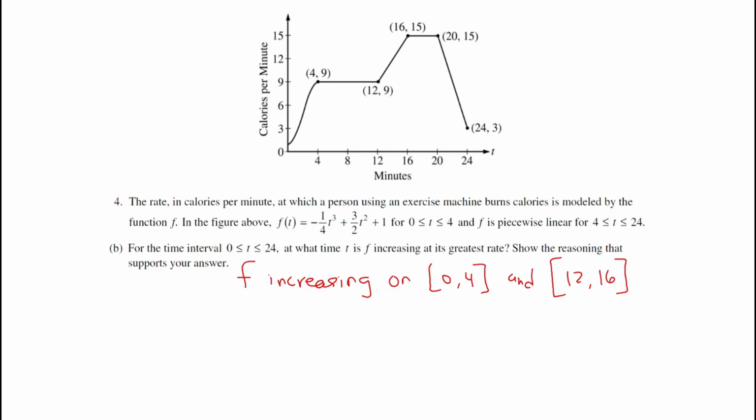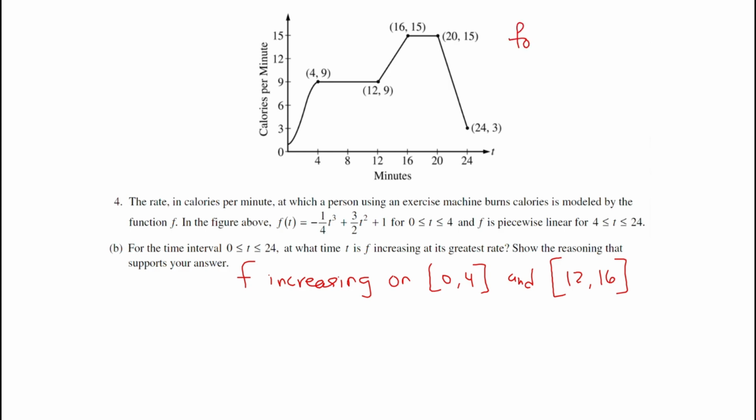Now, from 12 to 16, its rate of increase is pretty obvious, right? The rate of increase on 12 to 16 is just the slope of that piecewise linear. So just the slope of that. So that'll be 15 minus 9, right?